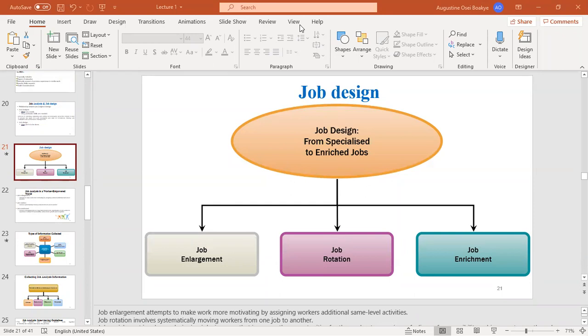So today's initial aspect of my lecture will center on what job design is and the various types of job designs. When we talk about job design, it is basically a conscious process through which the job analyst organizes tasks, duties, and responsibilities into a unit of work to achieve certain objectives.